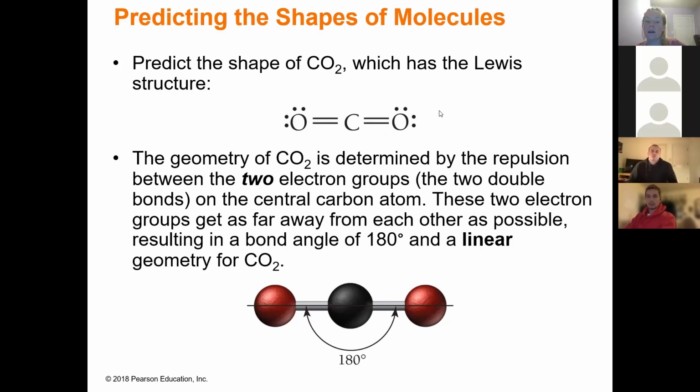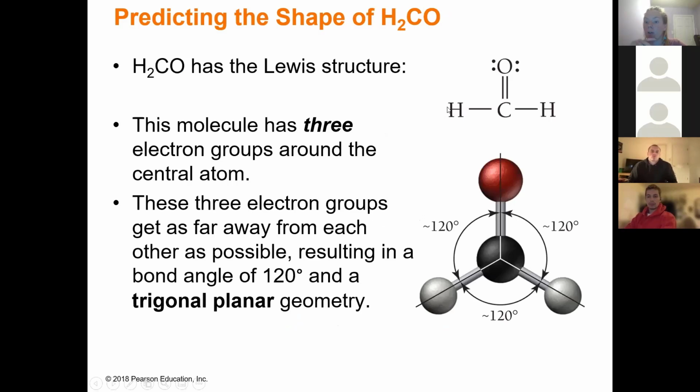What if instead of two electron groups, we have three electron groups? Looking at this, I've got one electron group here, one electron group here, and one electron group here. Remember, a double bond is classified as one electron group, fused together. These aren't important to the shape of the molecule. It's just what's coming off of the central atom. So if I have three electron groups, how far away can those things get from each other in three-dimensional space? Well, it's 120 degrees.